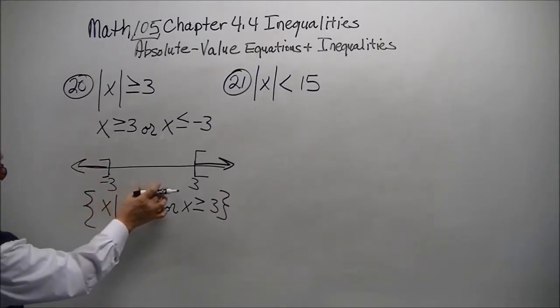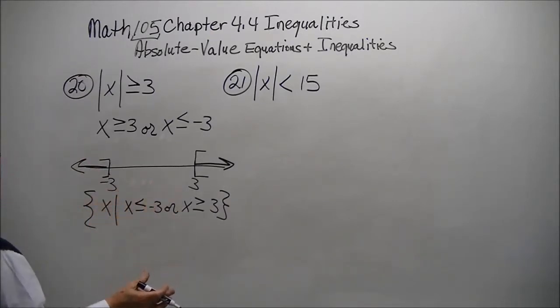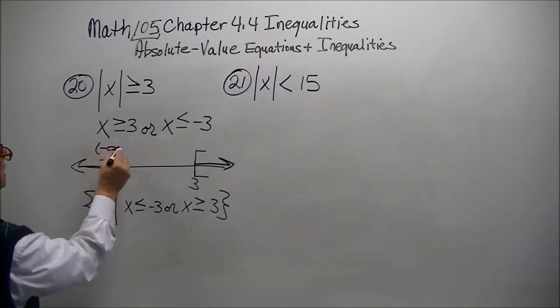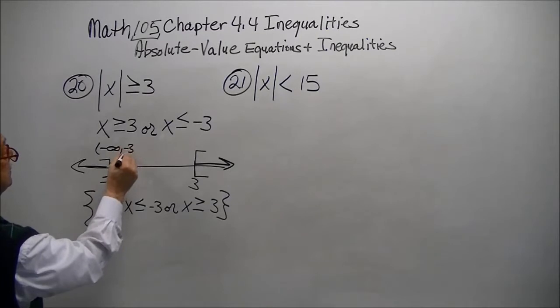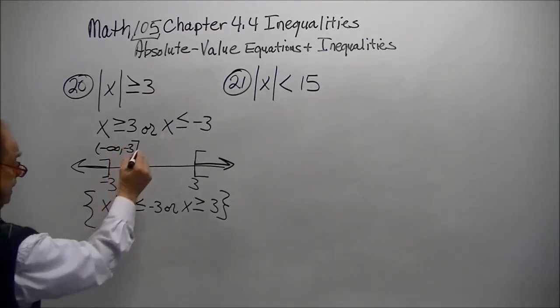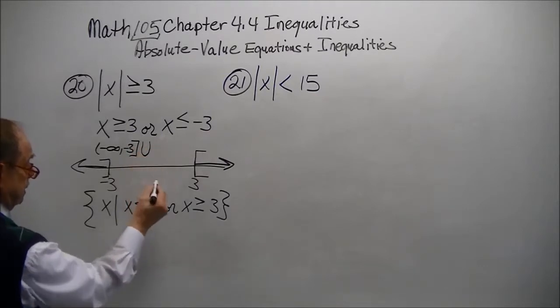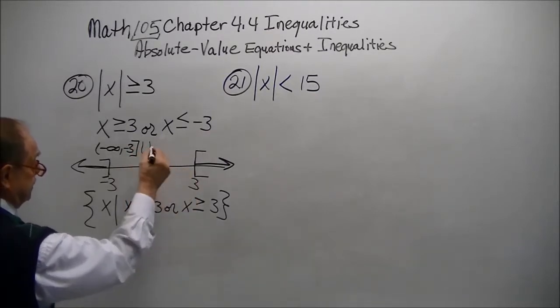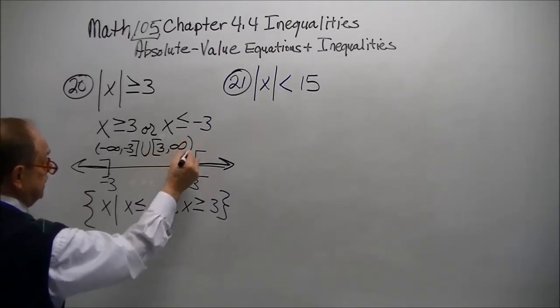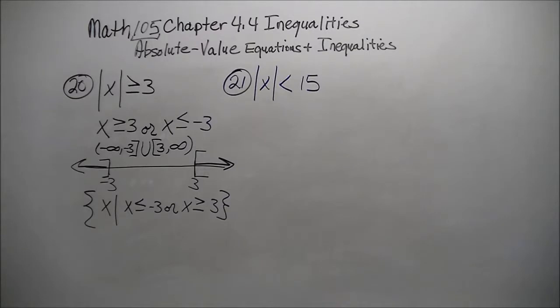And you recall, if you were doing interval notation, this would be coming from negative infinity up to a negative 3 with a bracket, and then in union with this other 3 that starts there as a positive 3 to positive infinity. Okay.